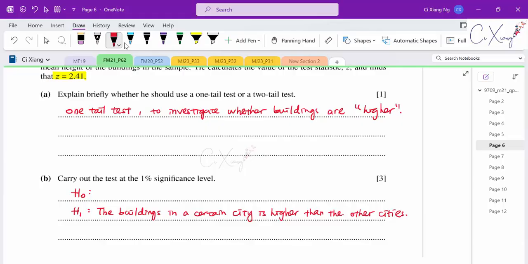Okay, then how about the null hypothesis? The null hypothesis is: the buildings in a certain city are the same as the other city.